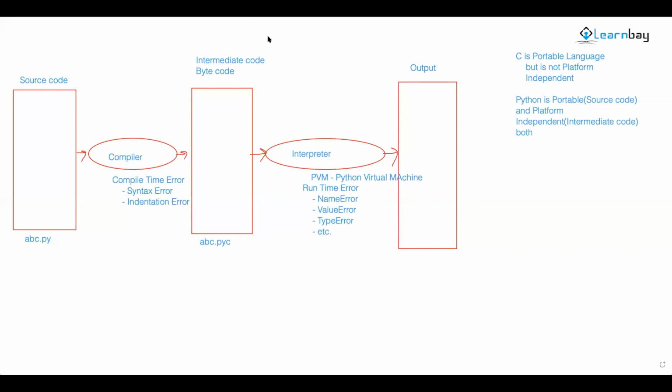So basically what happens in case of C, right? If you take the example of C, you have the source code, you have the compiler, and this compiler creates the executable code, right?